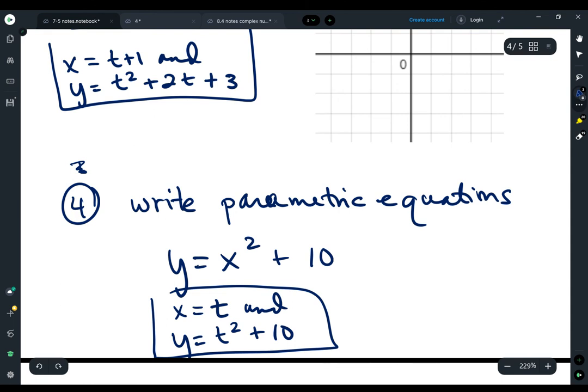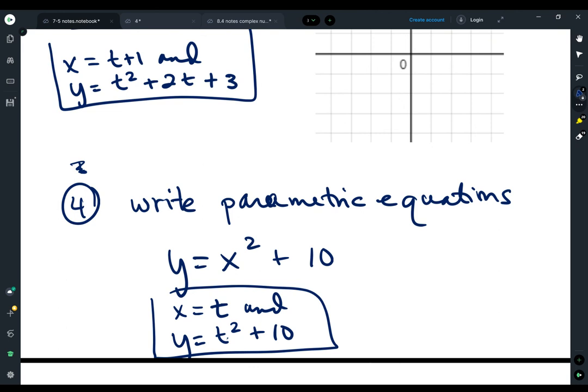Or if I wanted to, I could do what I did in the last one. I could say x equals t plus 1. I could say x equals 4t. But whatever I come up with here, then I'm going to have to make sure that I substitute into that second one and work it out. But it is just as easy as writing x is equal to t. So there are unlimited kind of open answers to this, but you just want to make it easy on yourself.